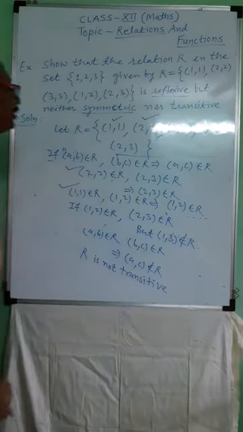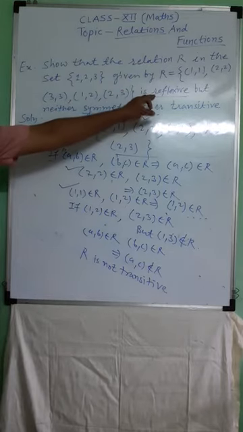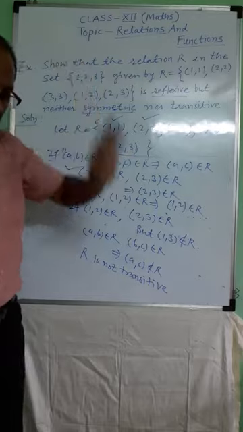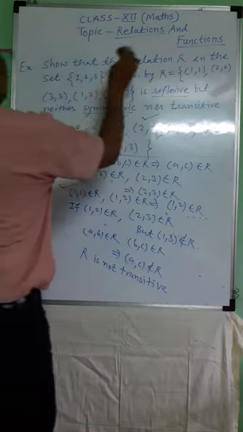Relation R is not transitive. This relation is reflexive, but not symmetric nor transitive. Then we just take another example.